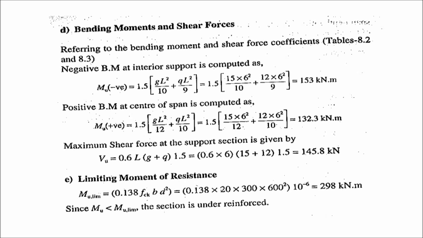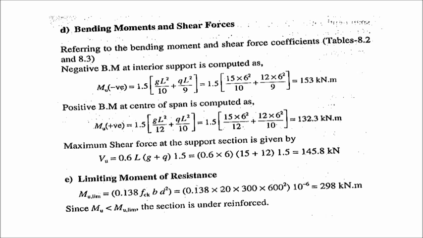Positive bending moment in the entire span is computed as Mu positive is 1.5 times (GL square by 12 plus QL square by 10). This is the formula. For the calculation we get 132.3 kilonewton meter.